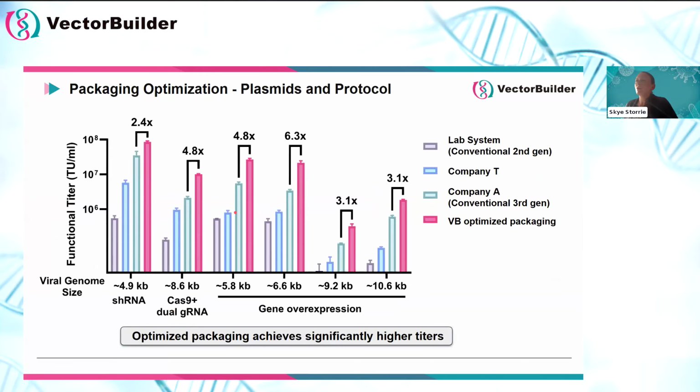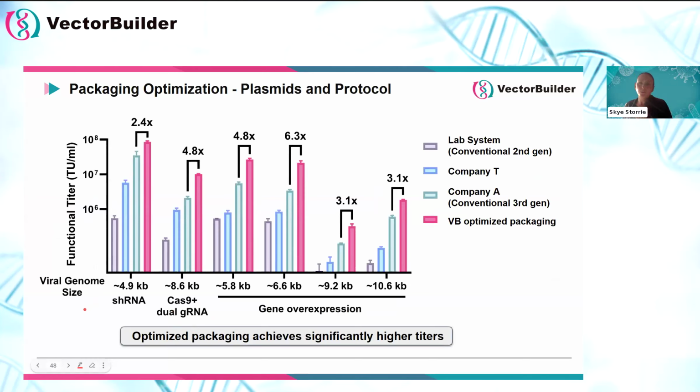And here we're showcasing some data where we are utilizing our optimized packaging protocol as well as our optimized packaging plasmids. So here again, we're using our miniaturized plasmid MiniVec, and using smaller plasmids in packaging can actually greatly increase packaging efficiency.